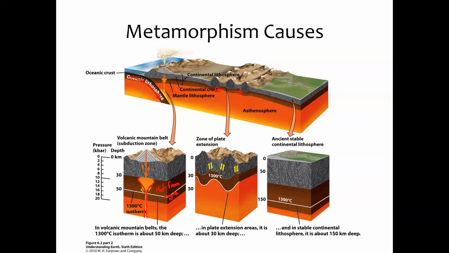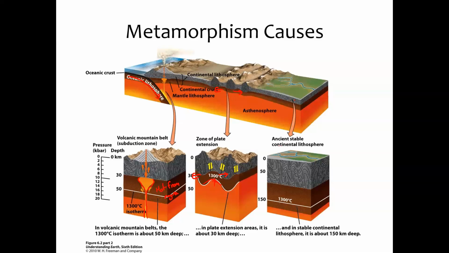So the idea is that it's pretty hot in these zones where we have subduction. In places where a plate is actually pulling apart, it's even hotter because that really hot mantle gets closer and closer to the surface.